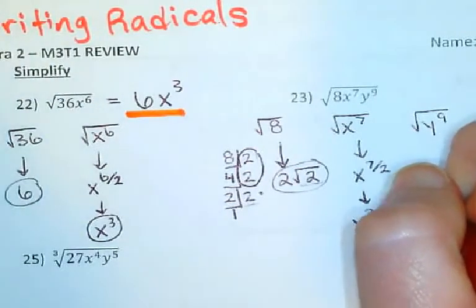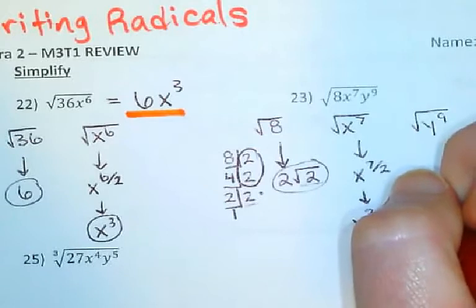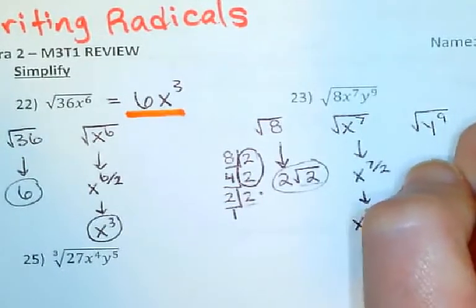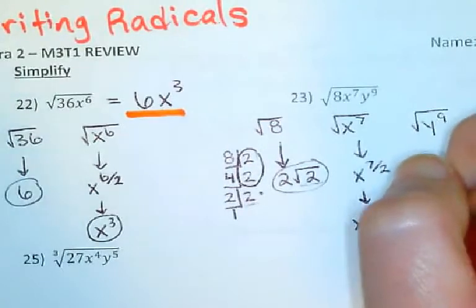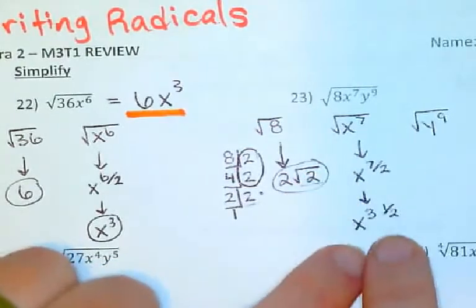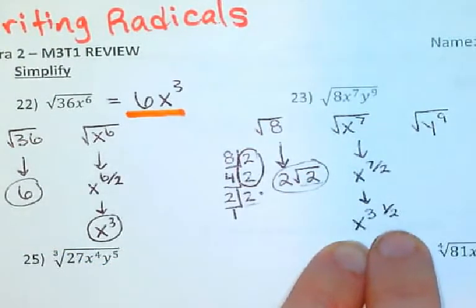So that means 3, and then we've got 1 left over. So 7 over 2, 7 halves, is 3 1/2, right?